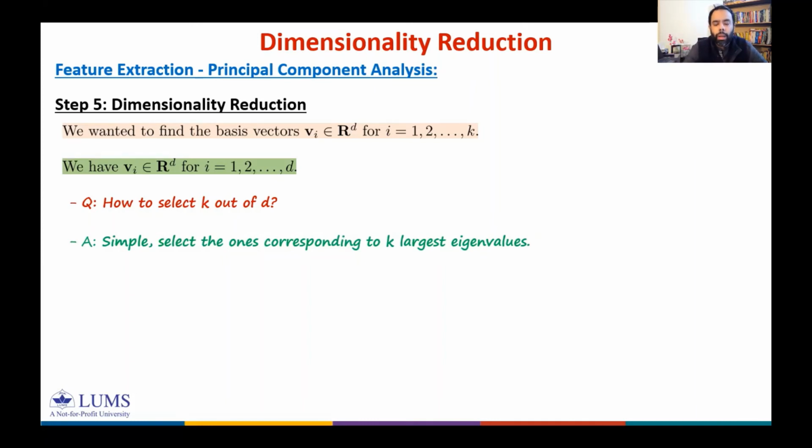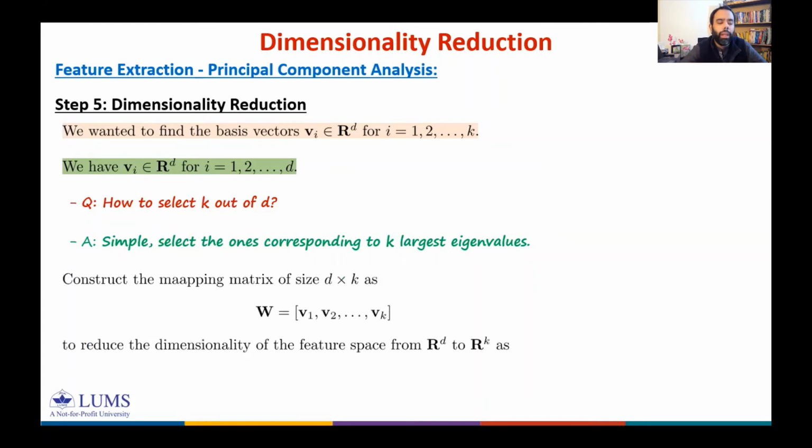If we follow the indexing of eigenvalues, where lambda 1 is greater than or equal to lambda 2, which is greater than or equal to lambda 3, we can construct our mapping matrix W this way. W would be V1, V2, ..., Vk. You select the first K principal components corresponding to the K largest eigenvalues.